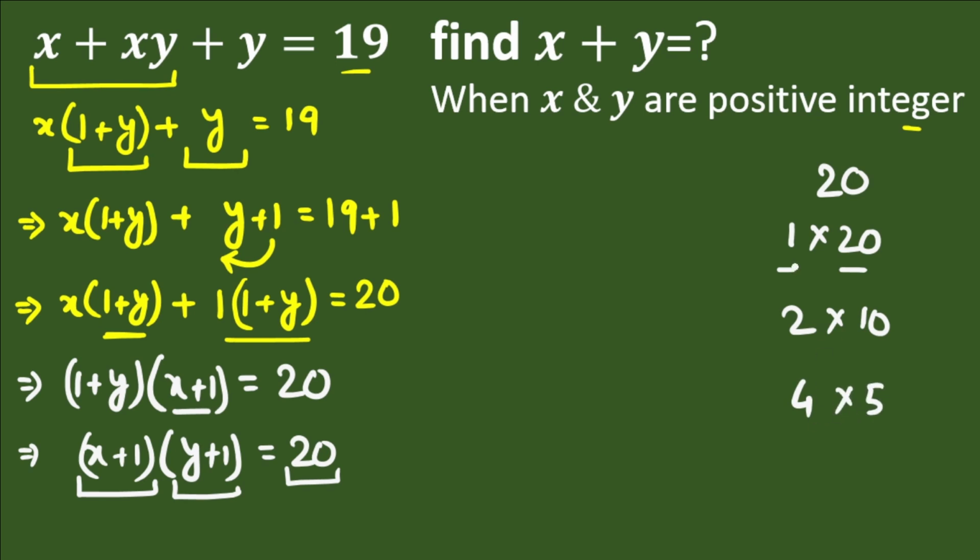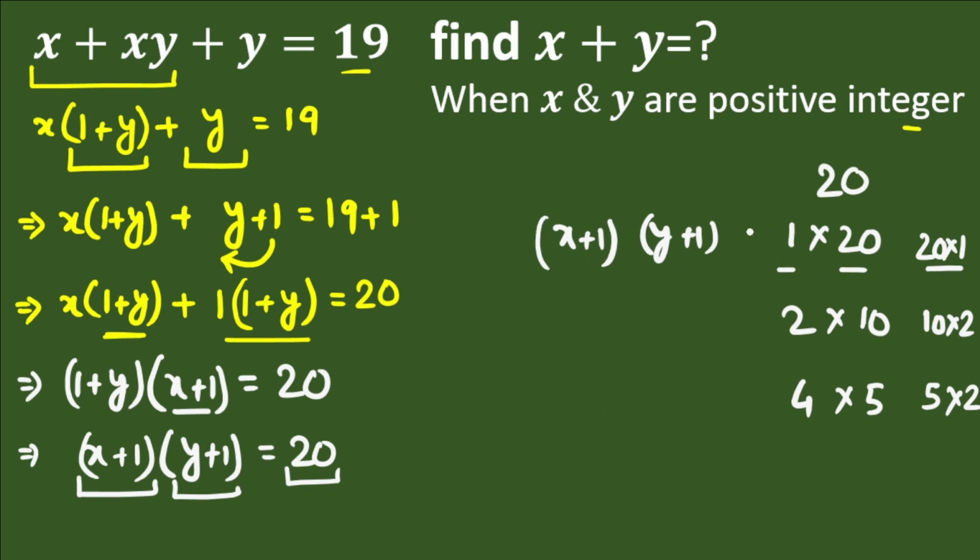We can also write 20 multiplied by 1, and the result is 20 in both cases. Similarly, 10 multiplied by 2 and 5 multiplied by 4. So these are the factors of x plus 1 and y plus 1, and their product is 20.